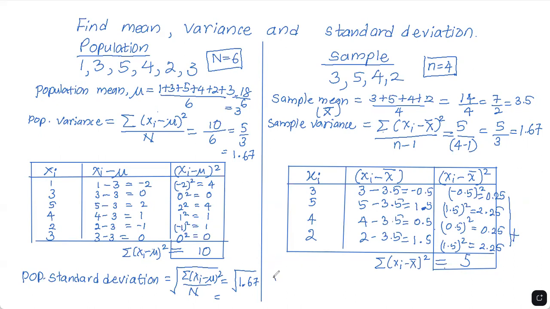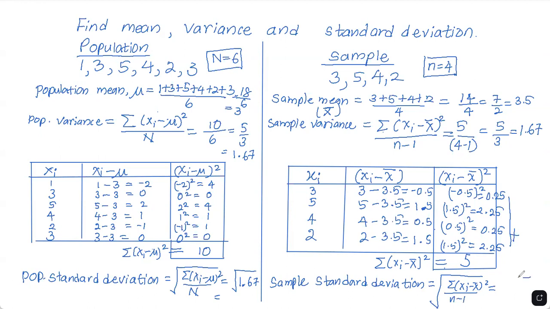And what is the sample standard deviation then? The sample standard deviation equals the square root of your sample variance, which is the sum of xi minus x bar squared over n minus 1.